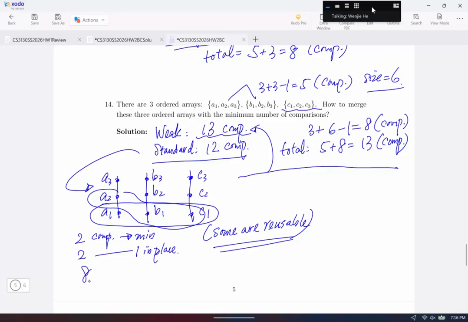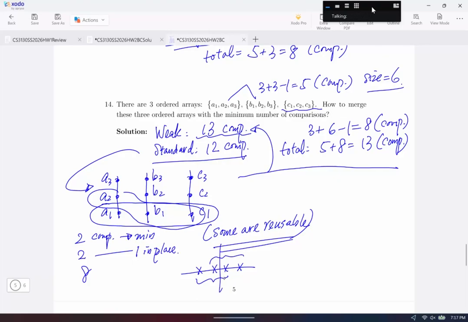Let's look at the last 3 left. You have these 3 you put in place, 2 comparisons. Still 2 comparisons.